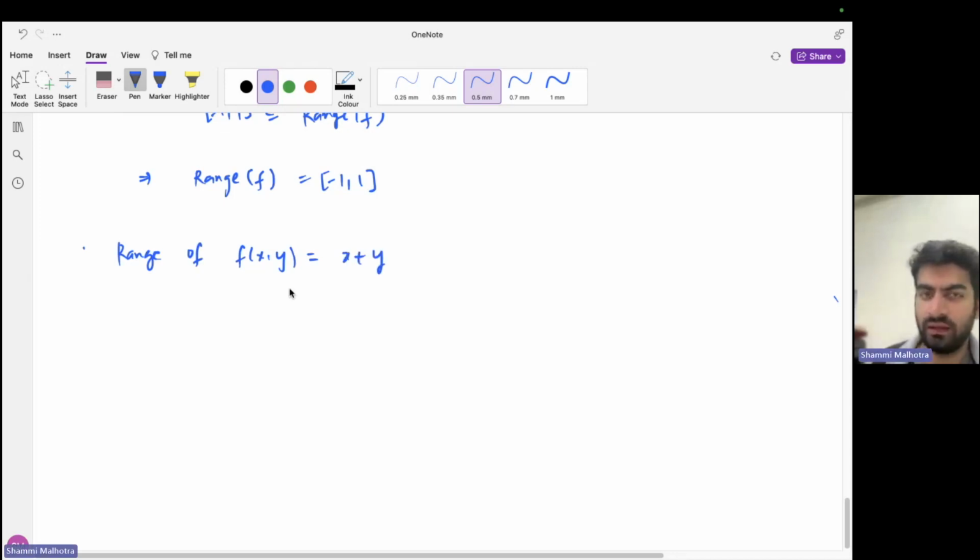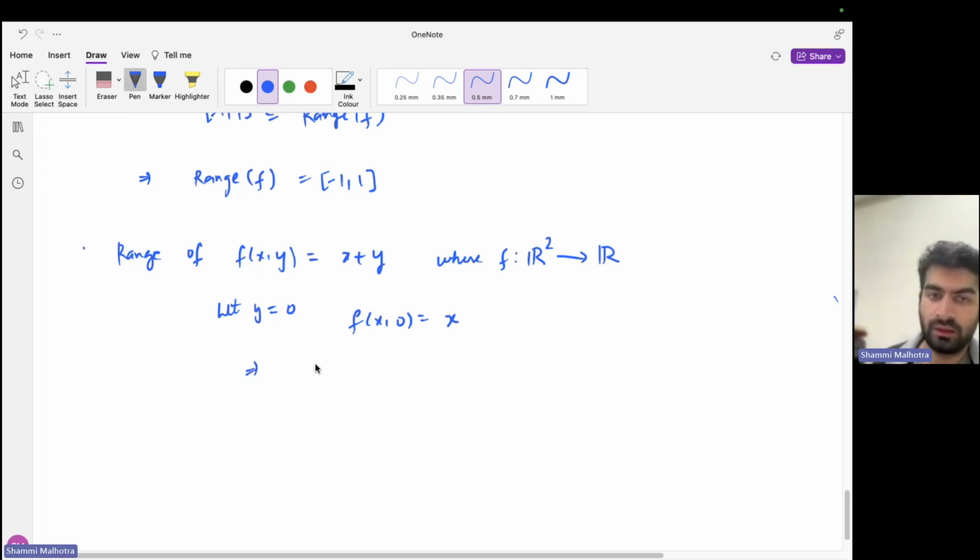Again, my function is from R2 to R. Again, what we can see is that if I fix my y, let's say let y be 0, then f(x,0) is just x, and for any x my function will take the value x, and that implies f will assume any real number.